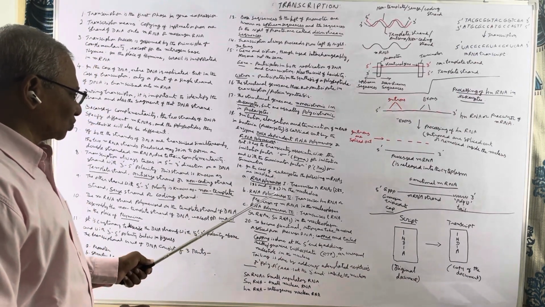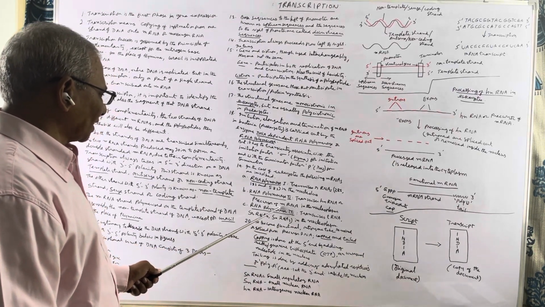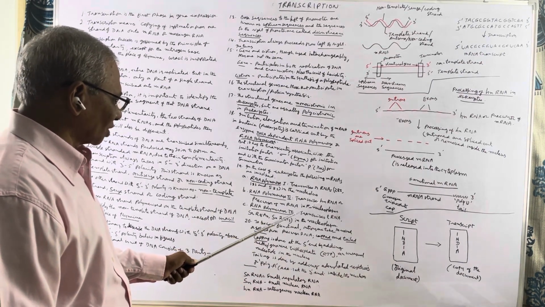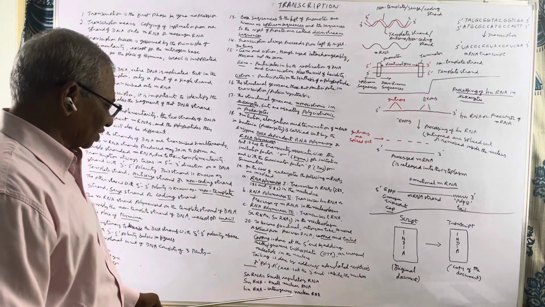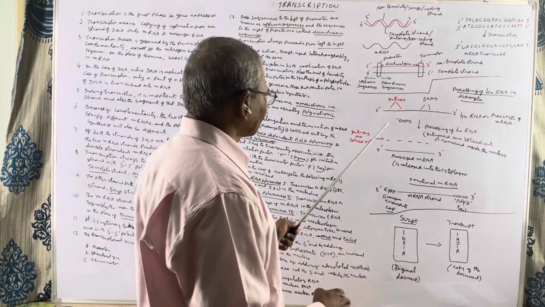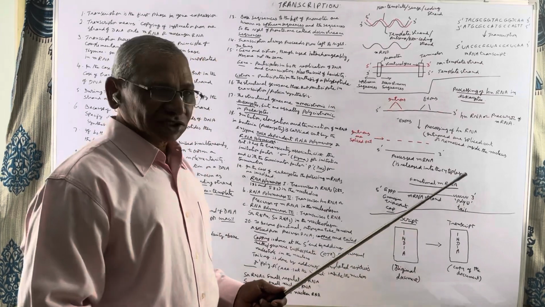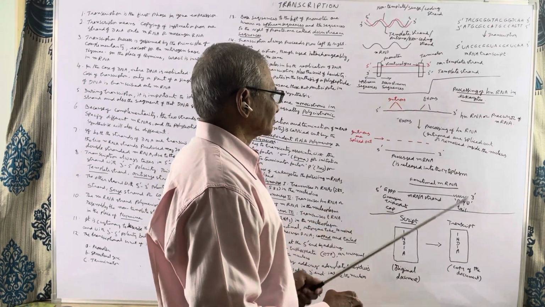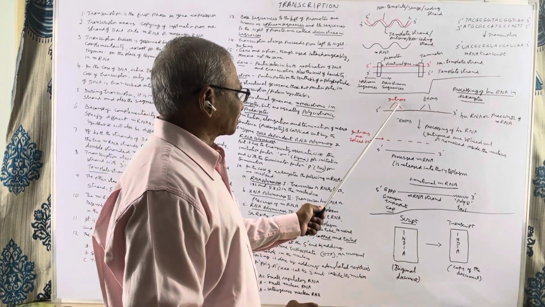Then RNA polymerase 2 transcribes HnRNA or precursor of mRNA in the nucleoplasm, not in the nucleolus. HnRNA means heterogeneous nuclear RNA. Heterogeneous nuclear RNA has 2 components, introns and exons. Introns serve no purpose.